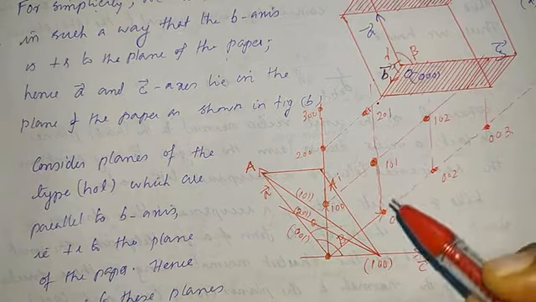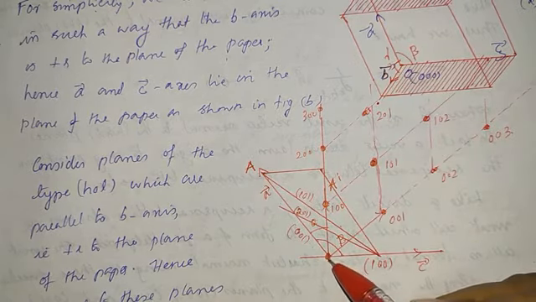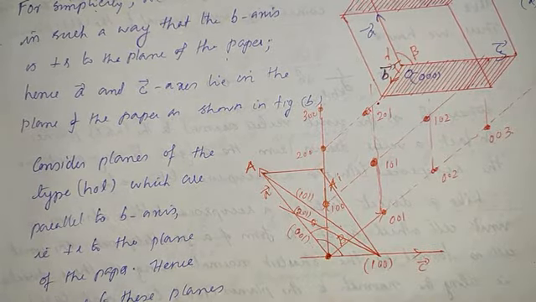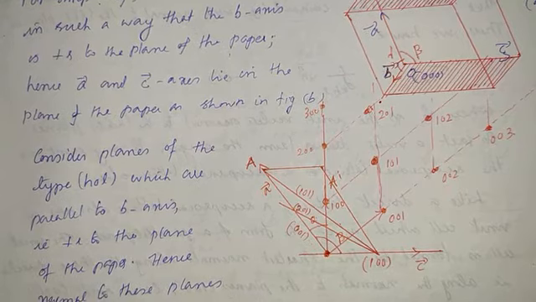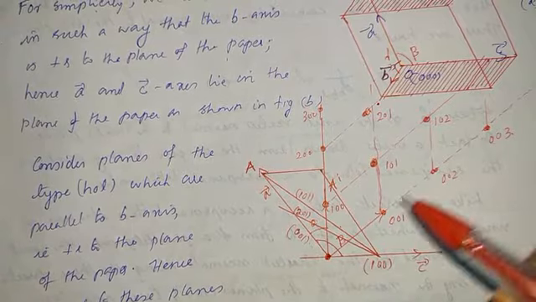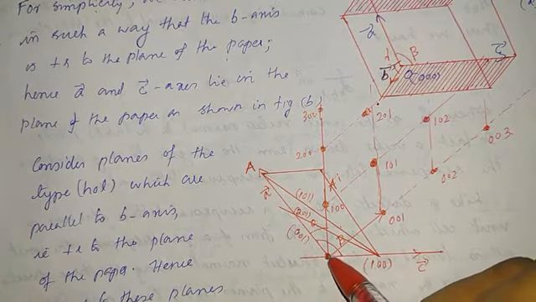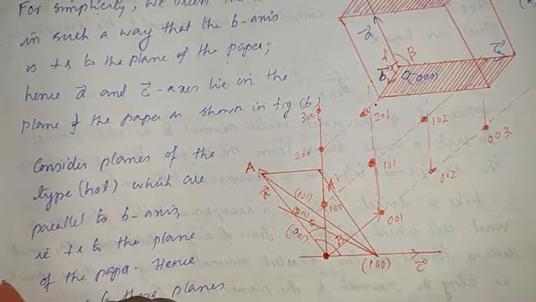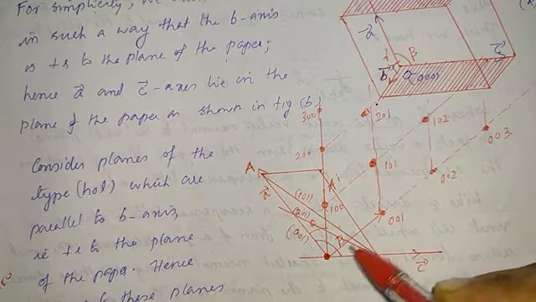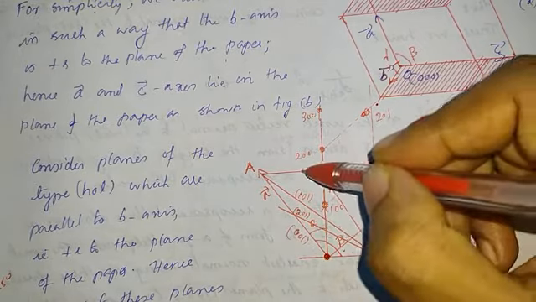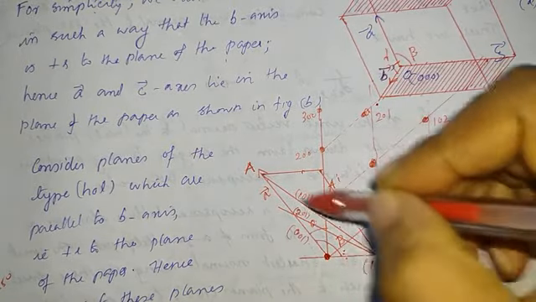We are choosing an arbitrary origin here, and we are drawing a normal to each set of planes.